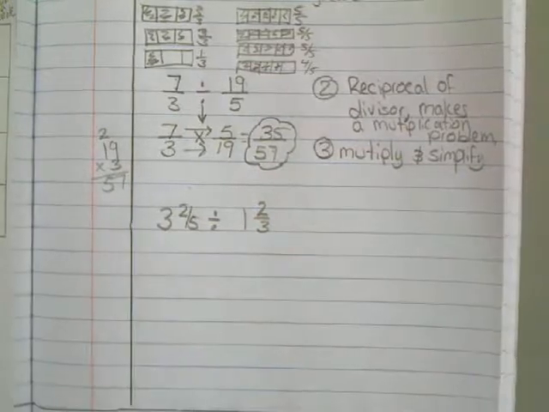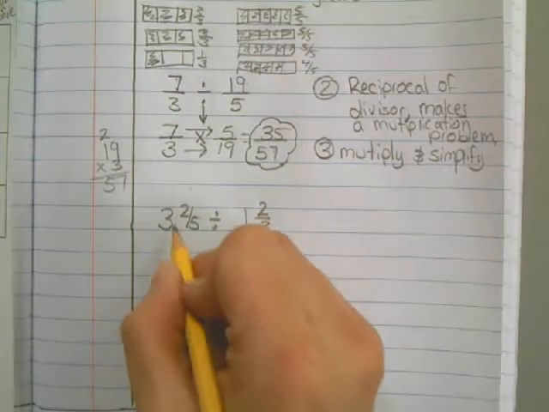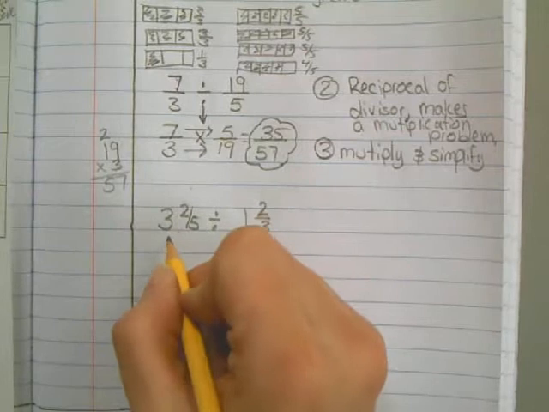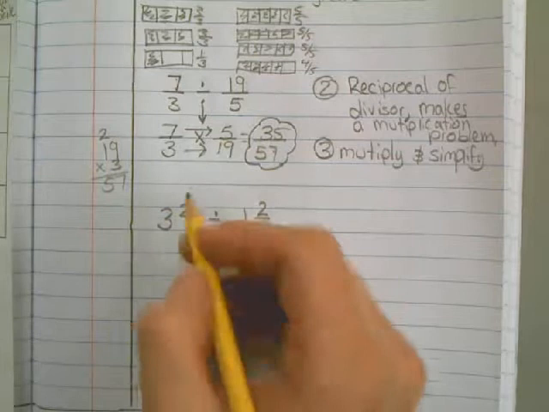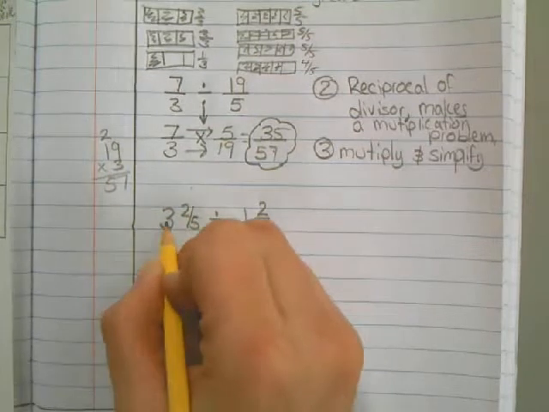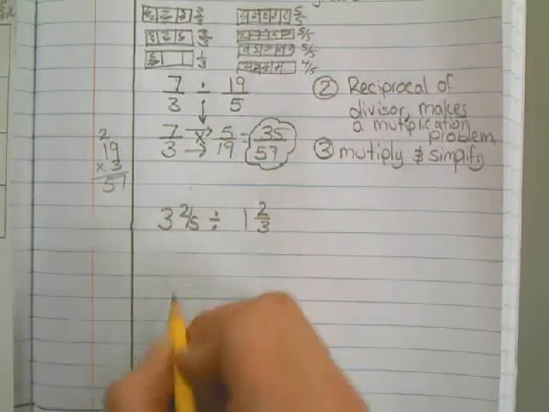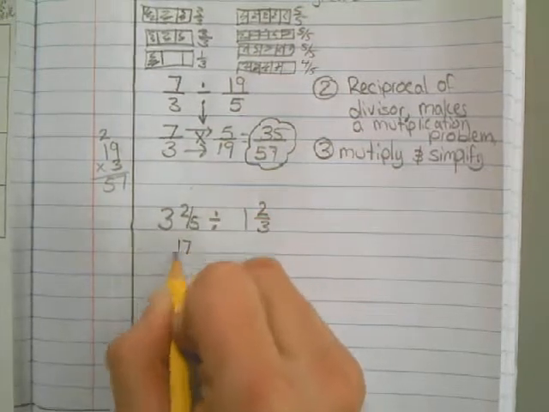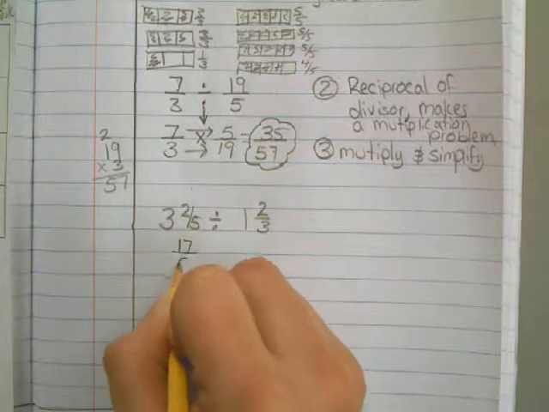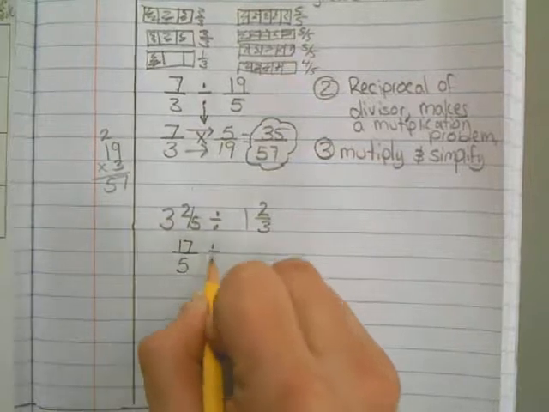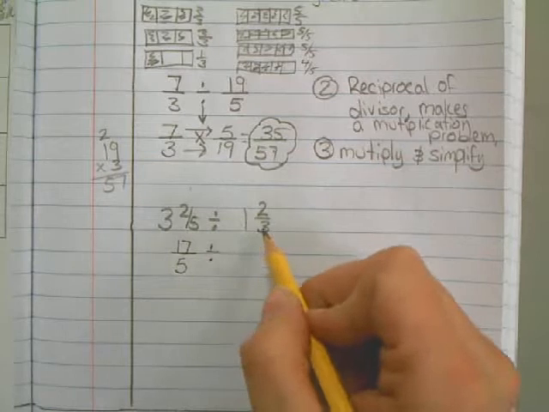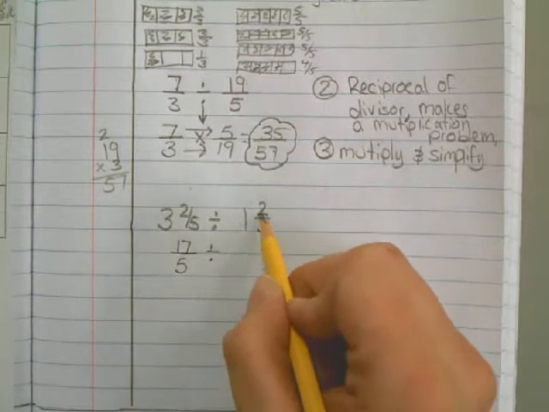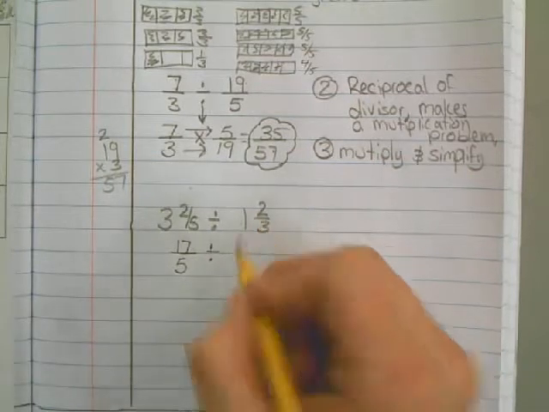So 3 2/5 is going to be turned into a fraction greater than 1. So again, the little trick I showed you before, 3 times 5 is 15, plus the 2 is 17. So that would be 17 over my original denominator of 5, divided by 1 2/3, which I need to turn to a fraction greater than 1. 3 times 1 is 3, plus the 2 is 5, so that would be 5/3.